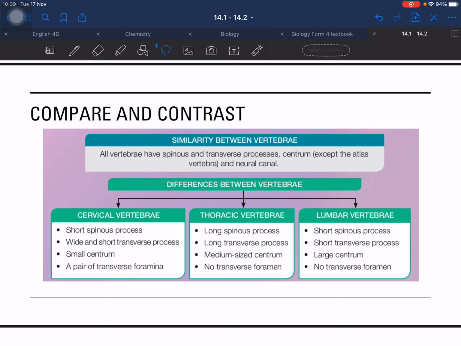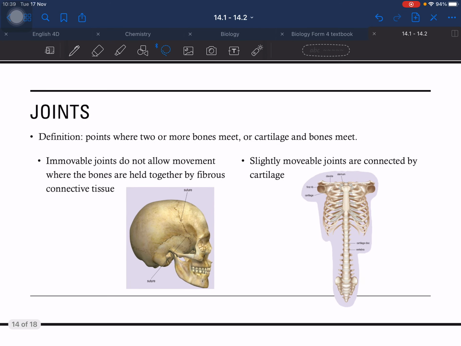So we'll just focus on these 3 vertebrae when talking about the differences. Alright, you can just read that. They're very short. Okay. Right, moving on to the joints.